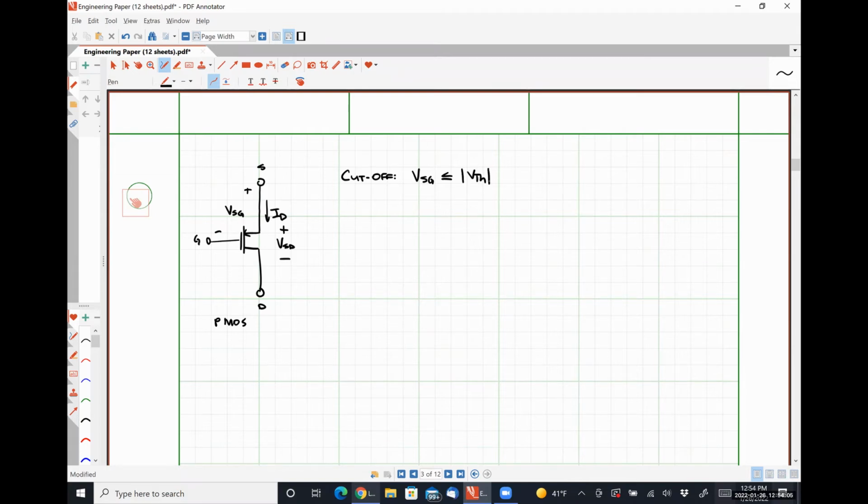So I want to talk about this real quick. For whatever reason, it has been decided that the threshold voltage for PMOS transistors is typically described as a negative voltage. I believe this is because we need the gate to be 1 VTH lower than VS or more for this guy to turn on.